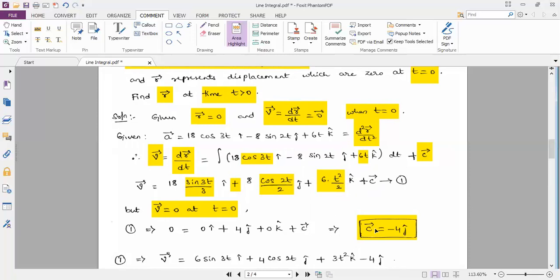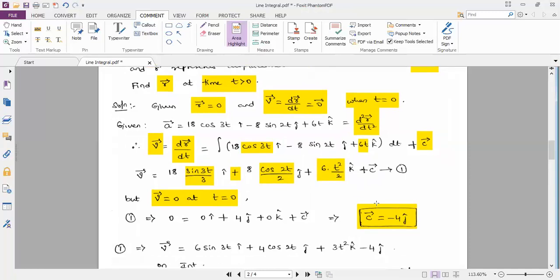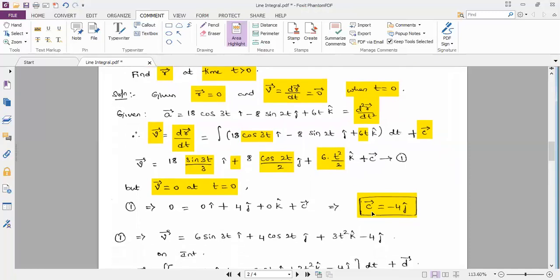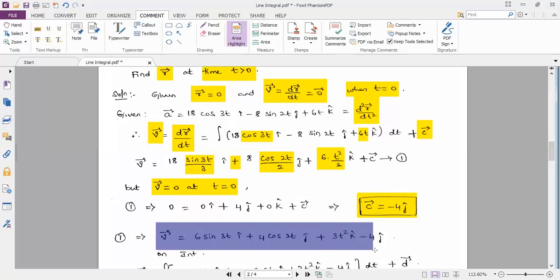Hence we obtain vector c as minus 4j. Now we rewrite the expression for velocity v with the constant value c. So rewriting, we get this expression for v, which is 6 sine 3t i plus 4 cos 2t j plus 3t square k minus 4j. This is the expression for velocity we obtained.